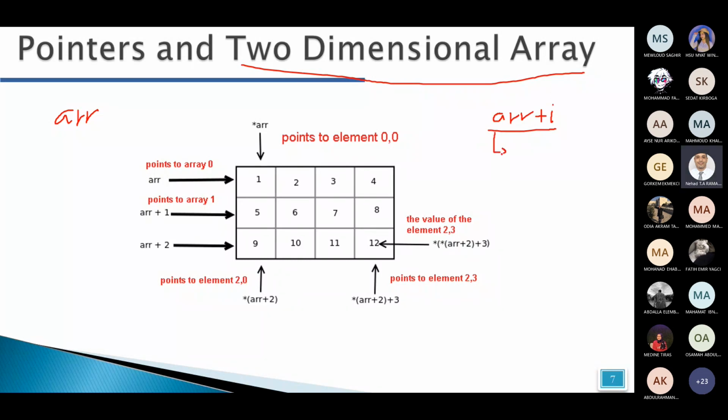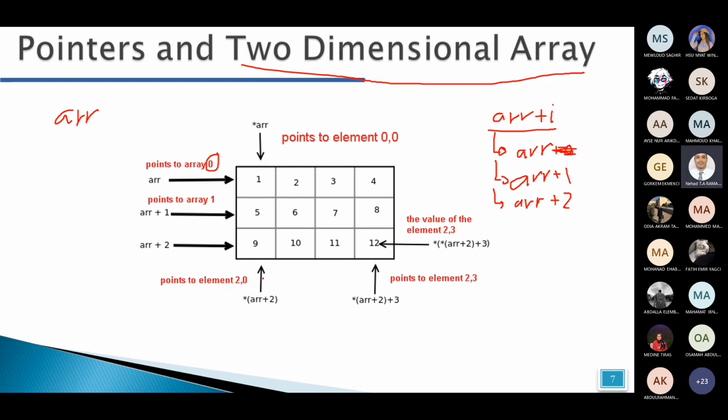So to reach the first row, which is row 0, we use ARR plus 0. Plus 0 doesn't matter, so we can use ARR. So ARR means pointer to the first row, or row index 0. Row index 1 is ARR plus 1. Row index 2 is ARR, the name of the array, plus 2, and so on. So like this, we reach any row.